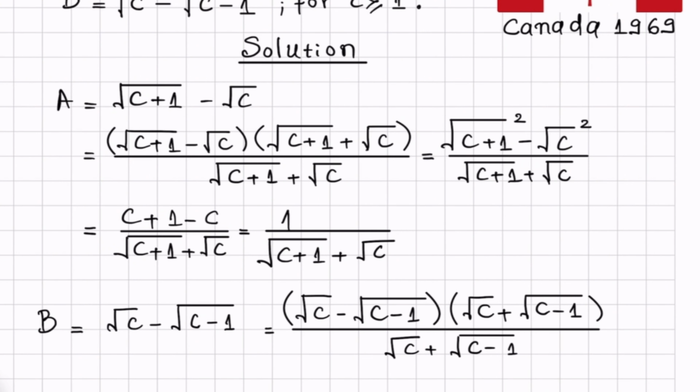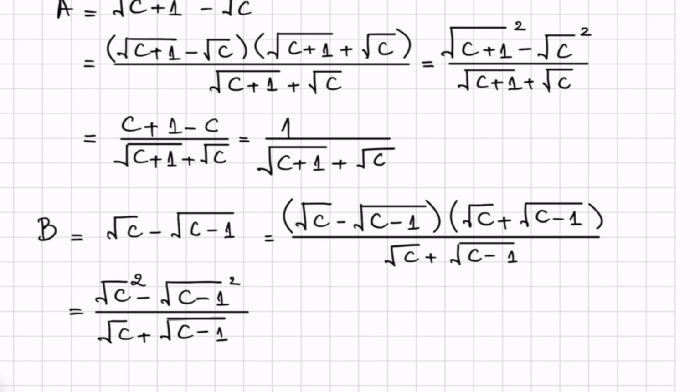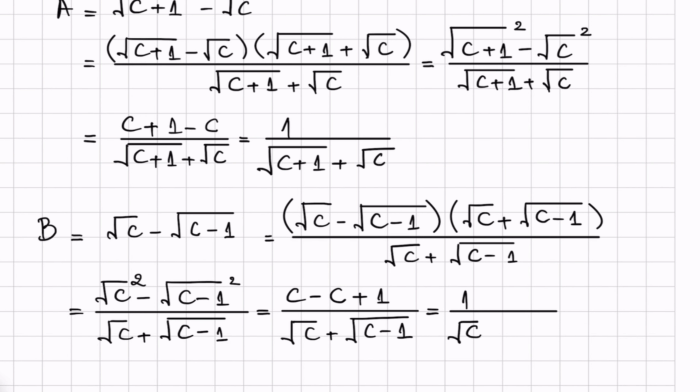Now for the numerator, we get square root of c squared minus square root of c minus 1 squared, over square root of c plus square root of c minus 1. Then we get c minus c plus 1 over square root of c plus square root of c minus 1, and then we get 1 over square root of c plus square root of c minus 1.